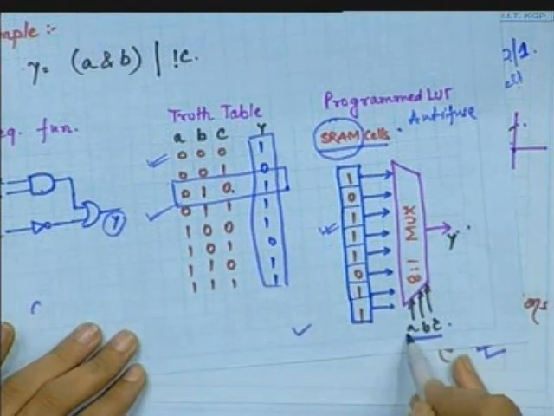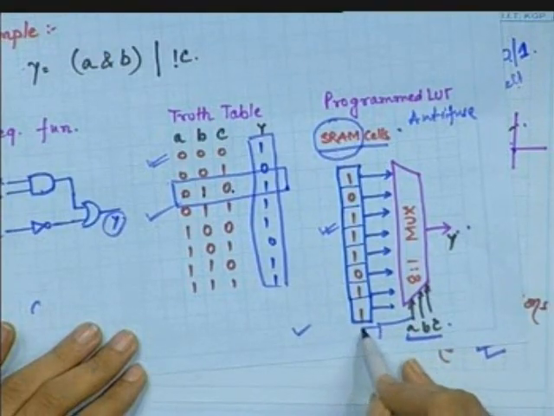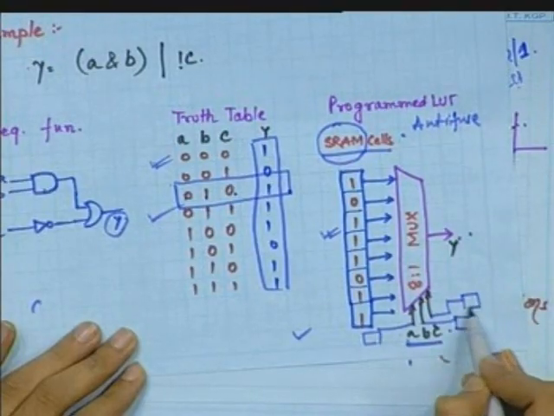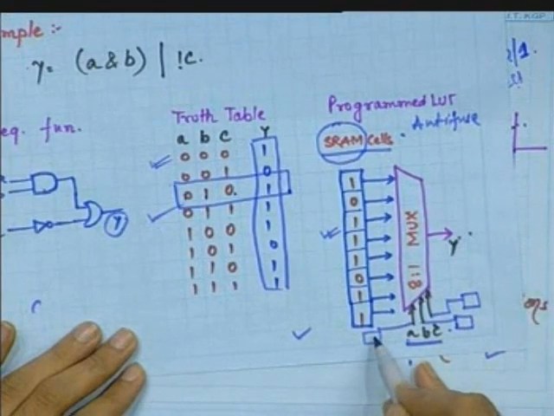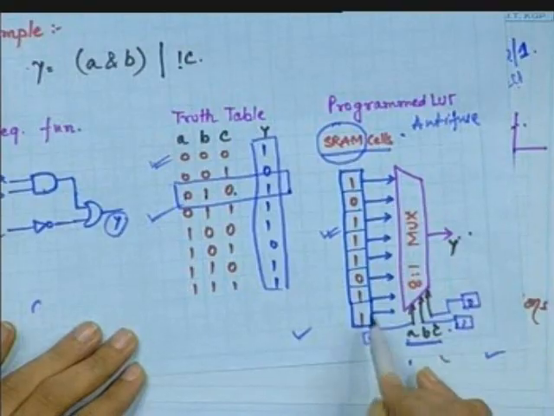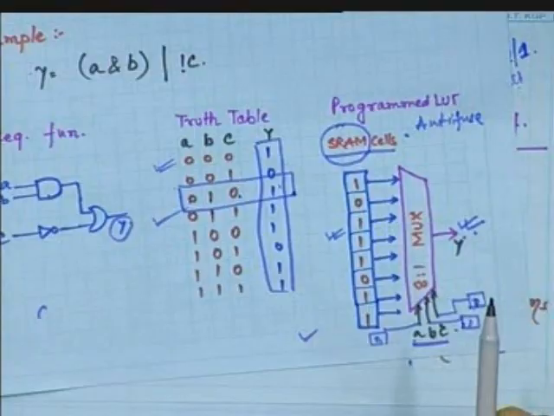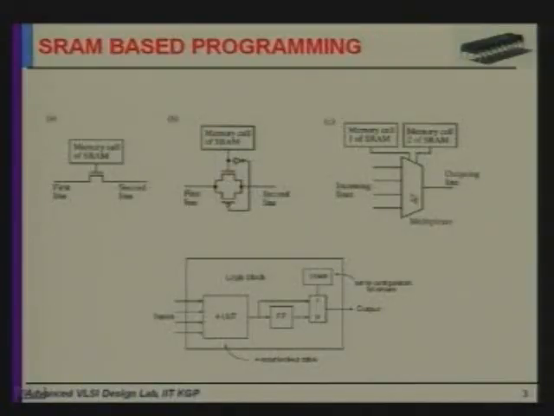These are actually some SRAM cells in which some values will be put, and the corresponding function will be available here, which is shown in this multiplexer. Suppose this is a 4:1 mux. These two SRAM cells will select the line. So, this is all what programming in FPGA is.